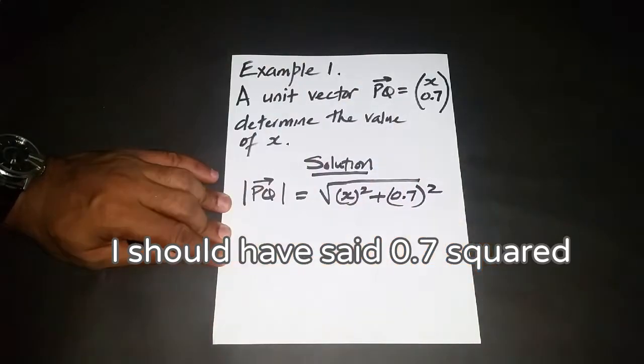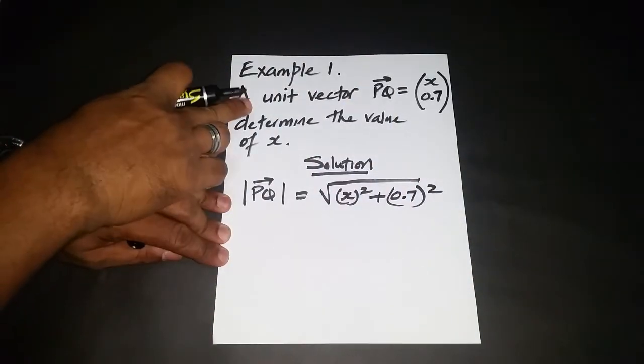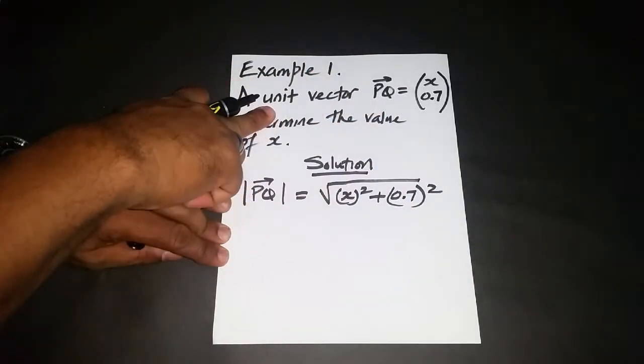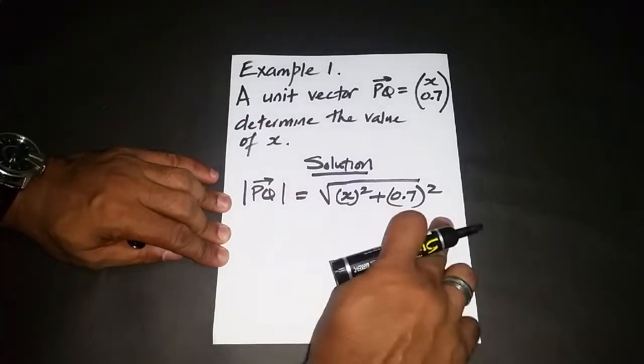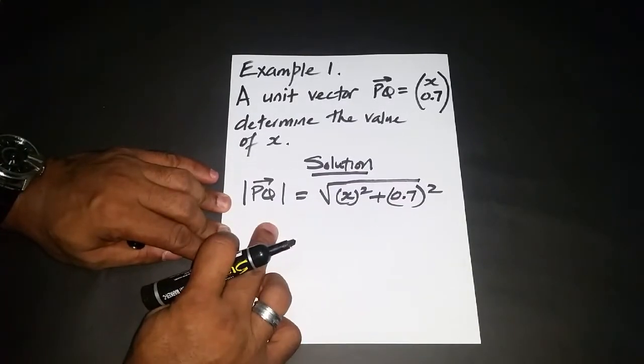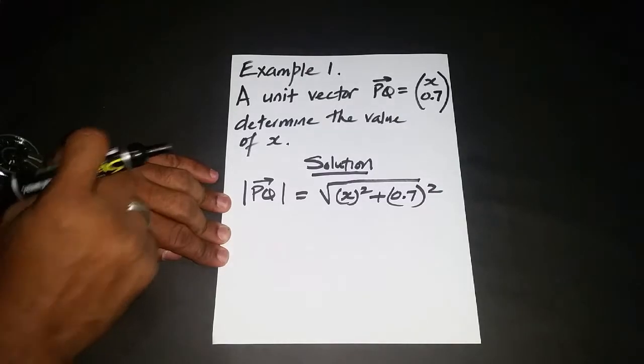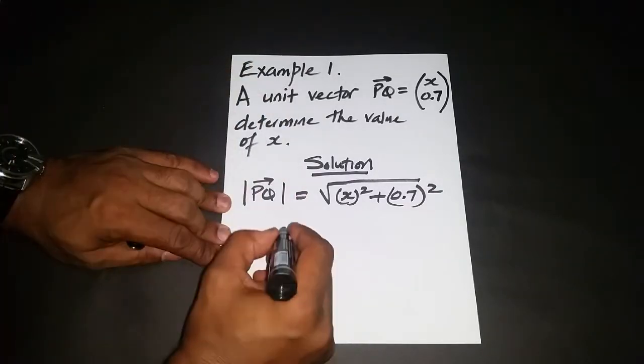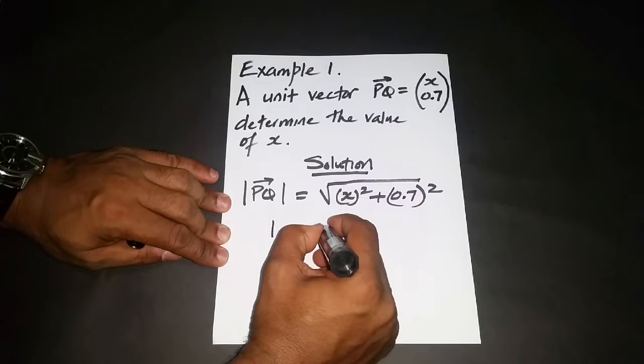Remember, those must be in brackets. Because we're told that PQ is a unit vector, this calculation must be equal to 1, because its magnitude is 1, simply because it's a unit vector.